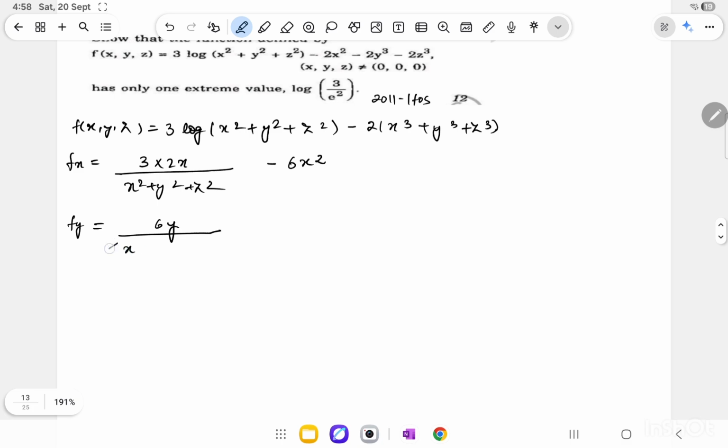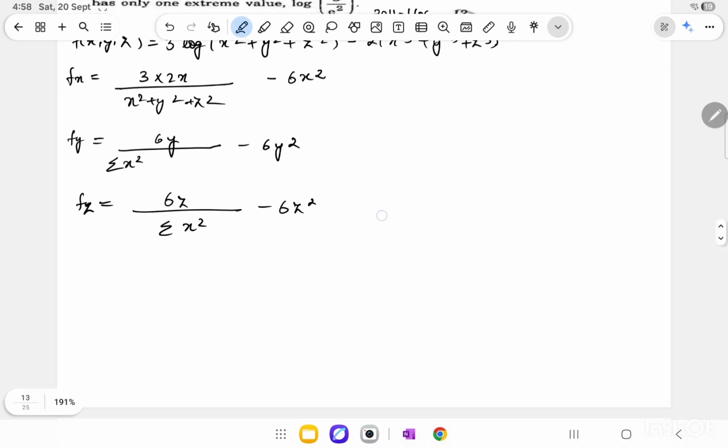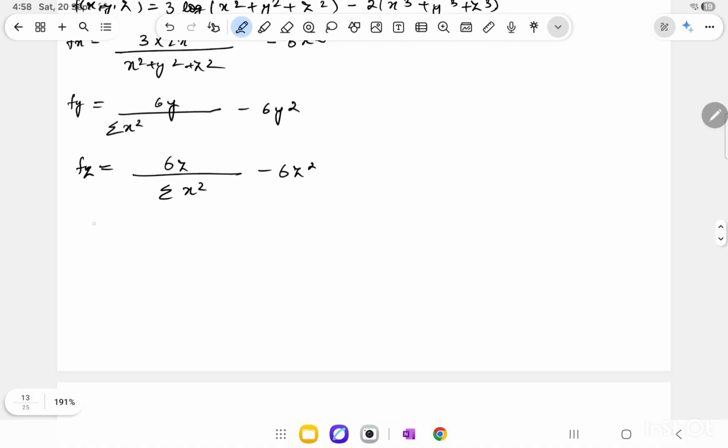It will be 6y divided by summation x square minus 6y square, and partial derivative with respect to z will be 6z divided by summation x square minus 6z square. Now for extrema values, like for the points where it attains extrema value, we need to equate these partial derivatives with 0. Fx equals 0, Fy equals 0, and Fz equals 0.